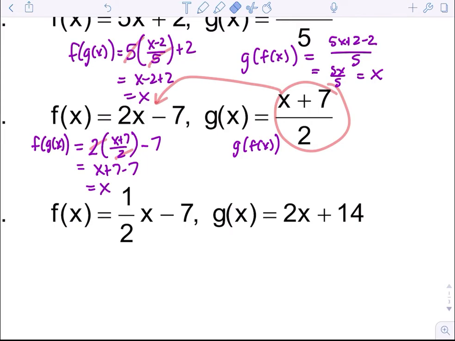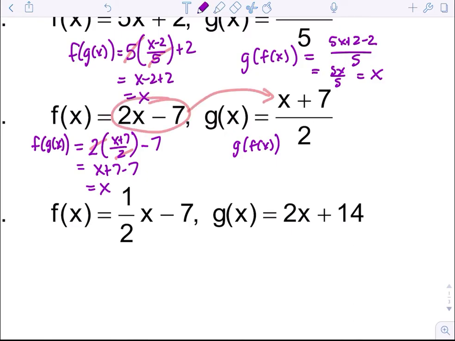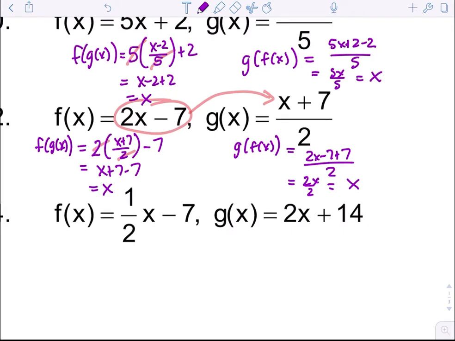Over here, we're going to substitute all of this stuff in for here. So we're going to have 2x minus 7 plus 7 all divided by 2, which is equal to 2x over 2, which is equal to x. So both of them are equal to x, so they are inverses of each other.